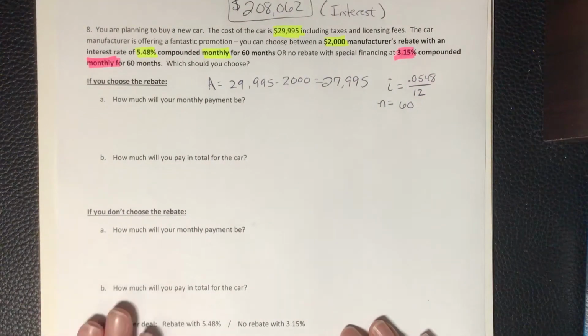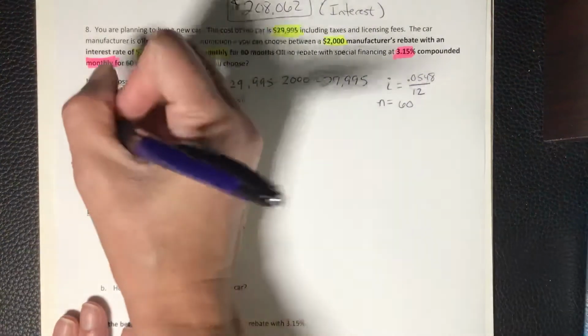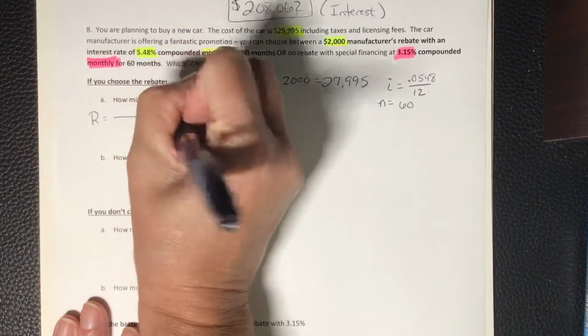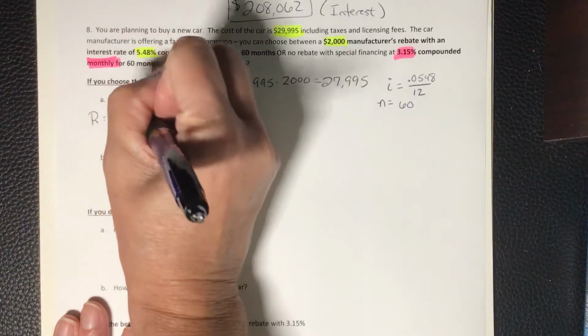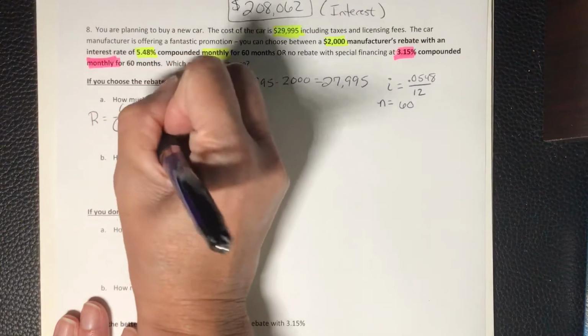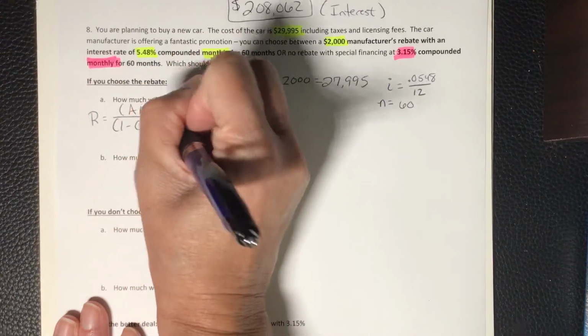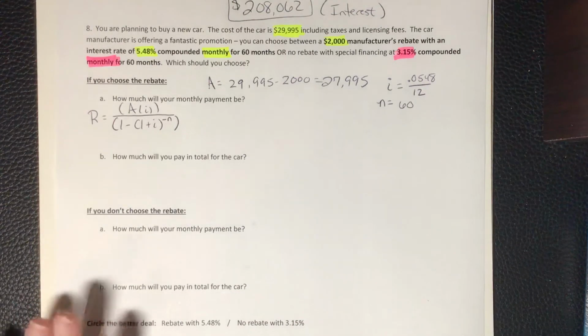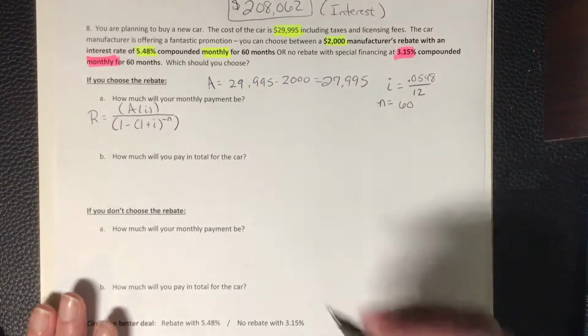All right, so on your formula chart, you are going to choose the one that we use for all monthly payments. R equals A times I in the numerator. And then here is our denominator. Make sure that your exponent is negative. All right, so we're going to plug in our values.